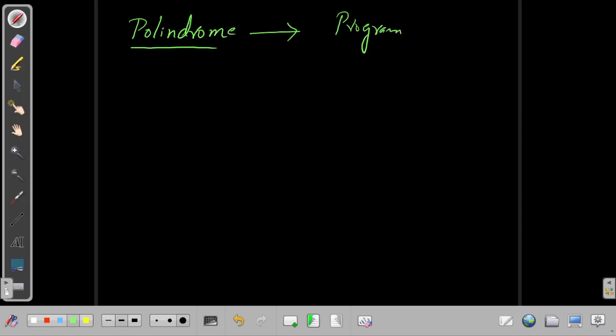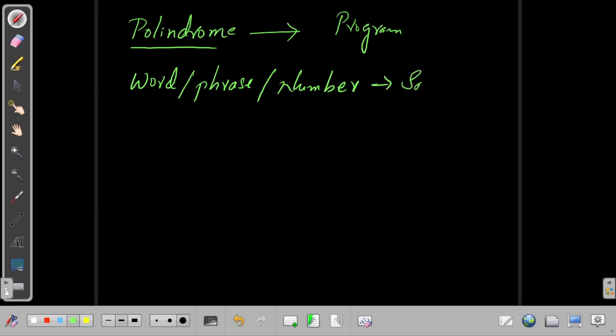So what is meant by palindrome: palindrome is a word or phrase or number that reads the same forward and backward. Backward and forward means reverse. If you reverse that, we will get the same.